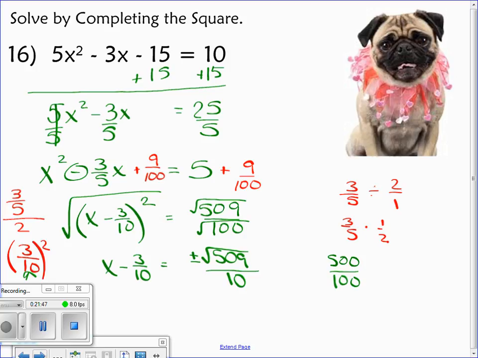You only cross multiply when there's an equal sign in between them. Do you agree with me that 500 over 100 is 5? This is the same thing. Plus 9 over 100. Common denominators. So 500 plus 9 is 509. You have to have common denominators when you add fractions.